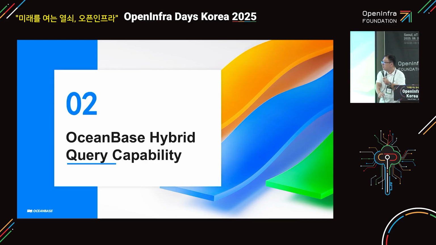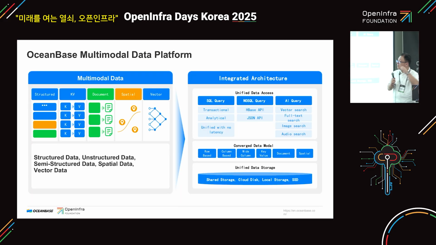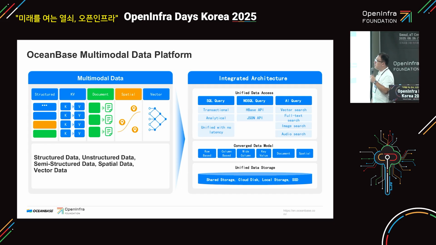And in the second part, let's introduce OceanBase hybrid query capability. As mentioned in the previous part, OceanBase supports multimodal data. It supports structured data such as int, string, and arrays.